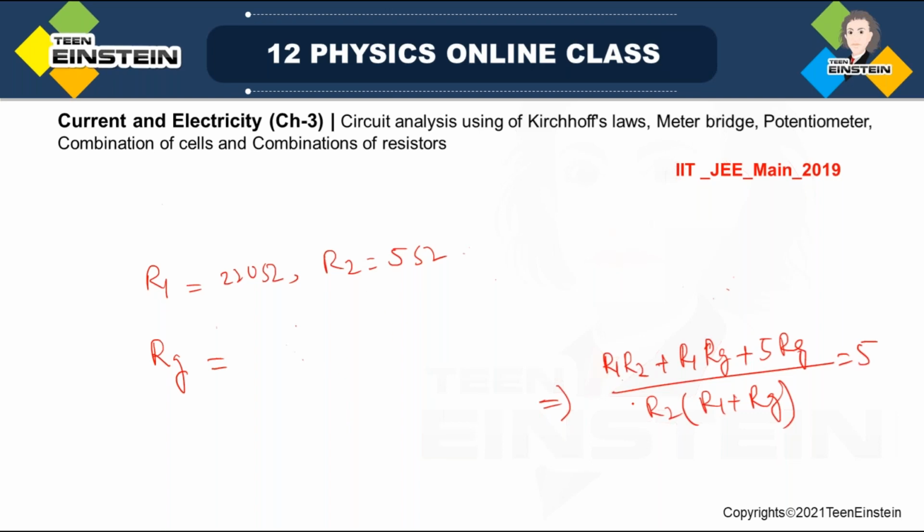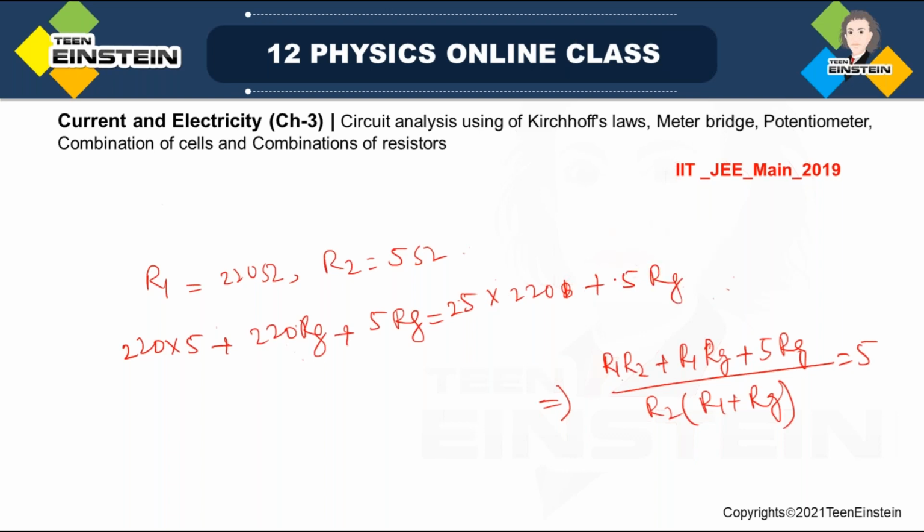we can just multiply here. R1 is 220, R2 is 5, plus 220 Rg plus 5 Rg, divided by 5 into 220 into another 5, so it will be 25, plus R2 is 5 into Rg, another 5 is there, 25 Rg.